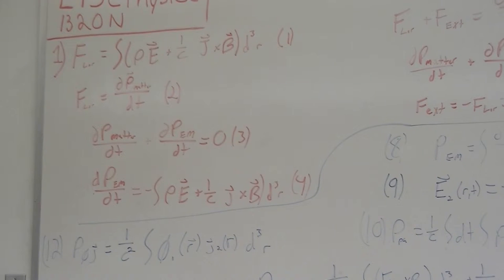This just shows the conservation of momentum. The fourth equation, that bottom red one, just shows the rate of change of the electromagnetic momentum.